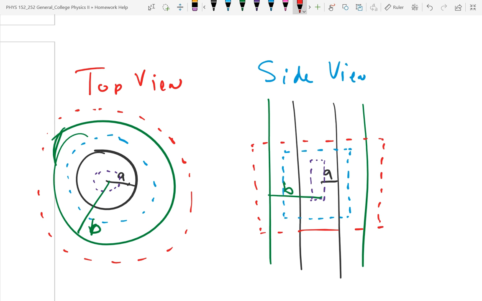Now in my picture, I have increasing heights with the different Gaussian surfaces. That is immaterial. If it's an infinite cylinder, the height of my Gaussian cylinder can't matter. If it's not infinite, well, I've got other problems.